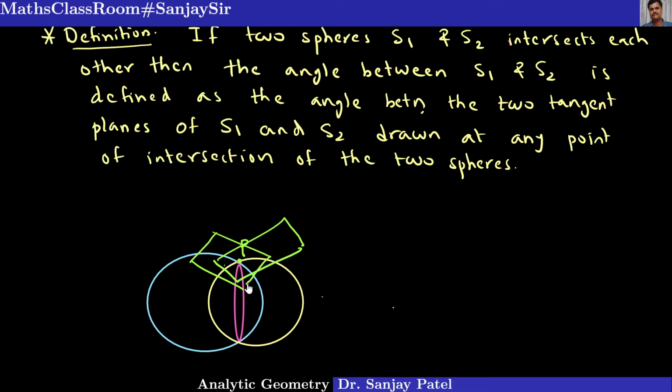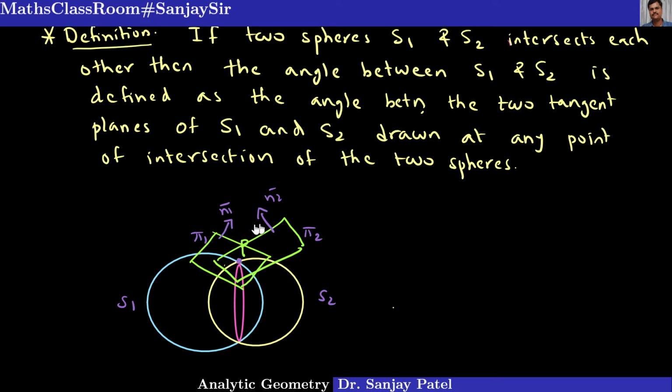We have normal vectors for both tangent planes. This is n1 bar and this is n2 bar. This is S1, this is S2. This is the tangent plane of the first sphere, this is the tangent plane of the second sphere, and this is a common point of intersection.